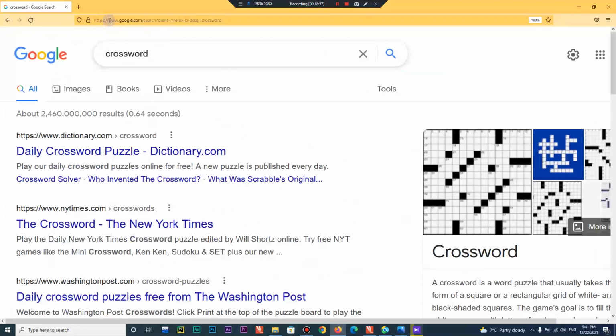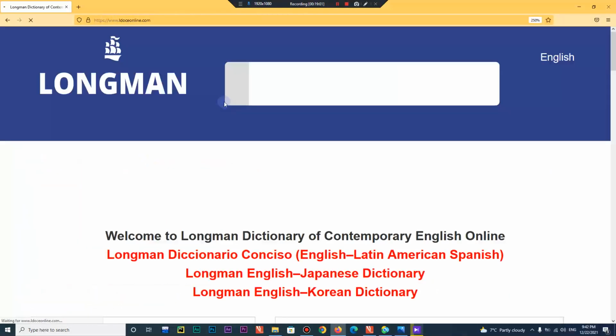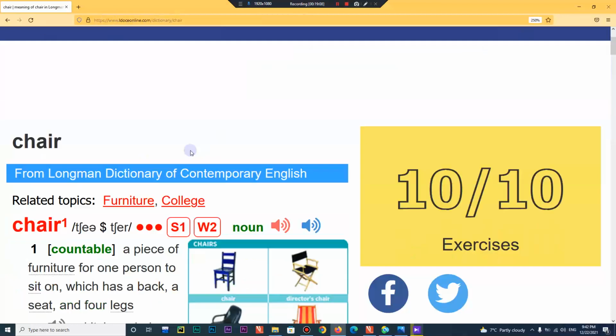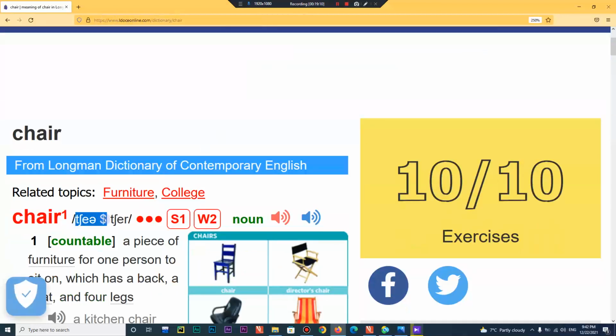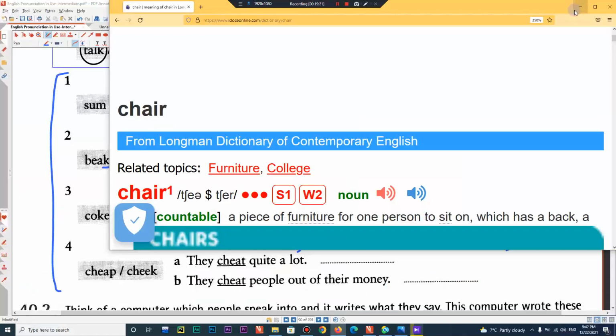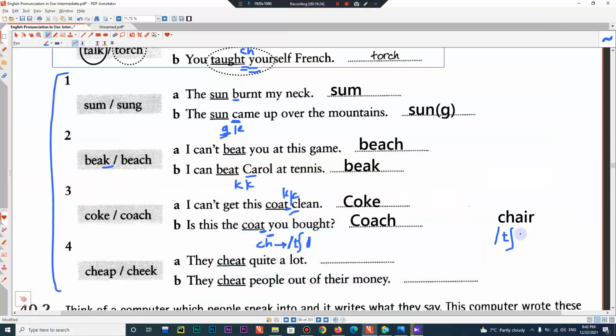So now let me check this word for you to make you a little bit more familiar with this notation. So you can see it says chair, or American, it's just chair. So this sound is the che sound. It's like the phonetic symbols that we use. All right. So you get chair, and the che part.